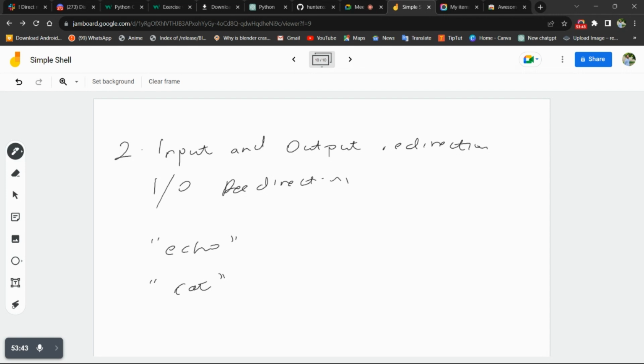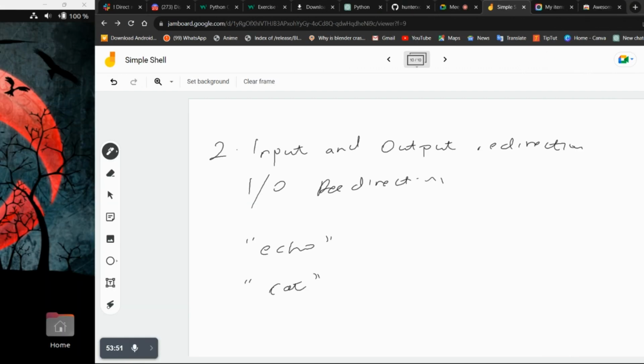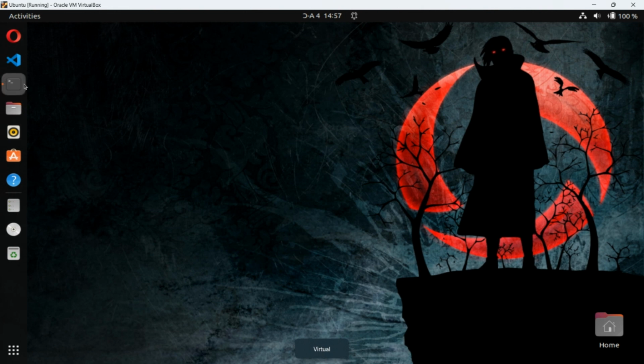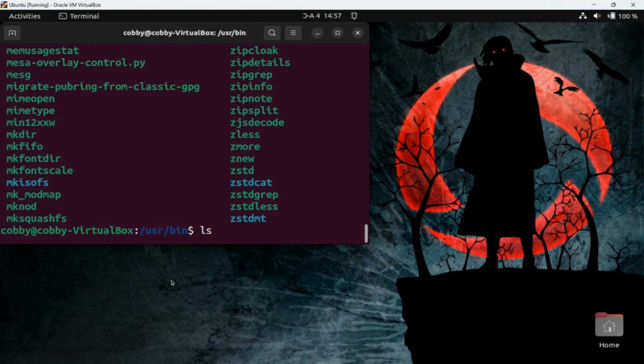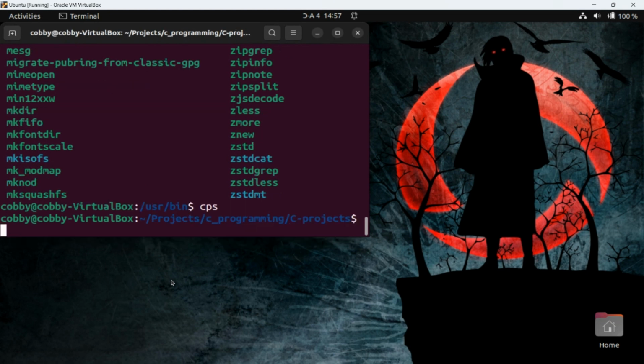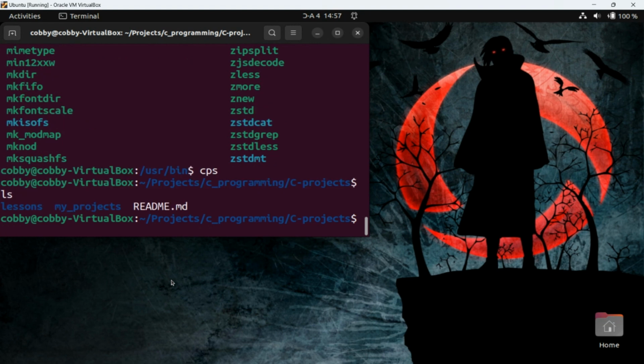In your simple shell implementation, whenever a user enters a command like this, let me find my terminal here and make it a bit smaller so that everyone sees it. Whenever a user enters something like this, echo, what is the shell supposed to do? We need to handle that.